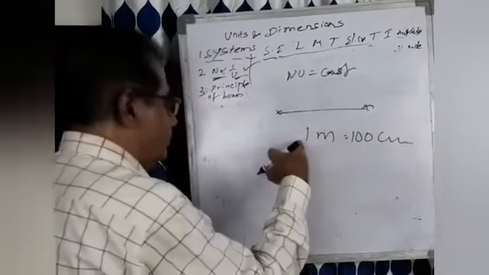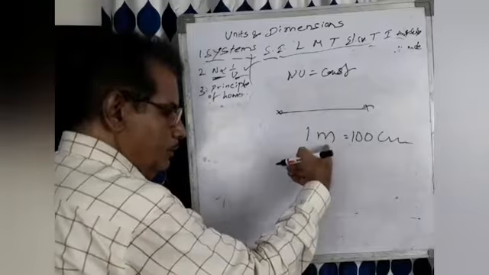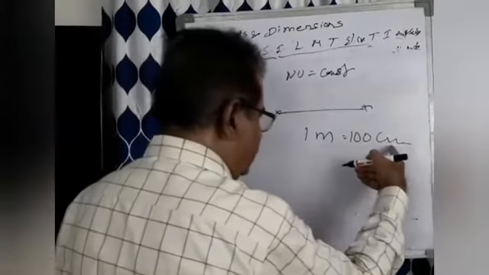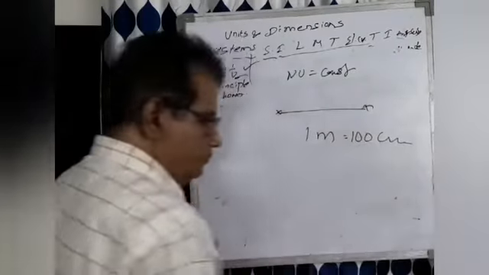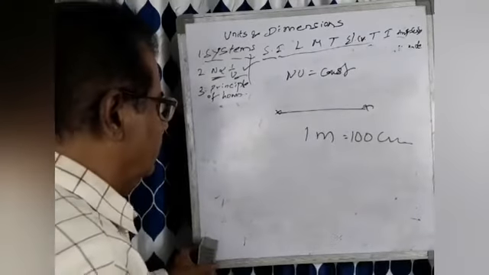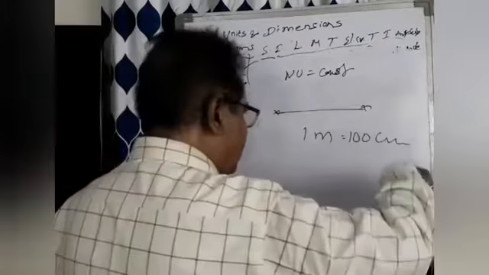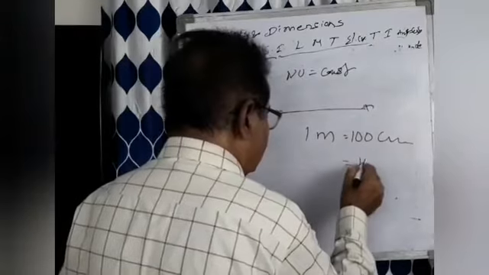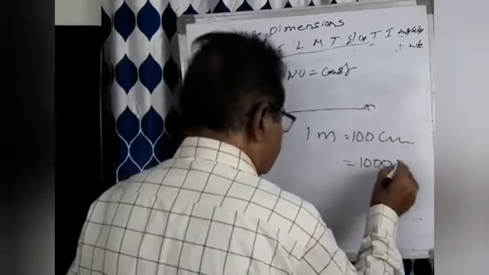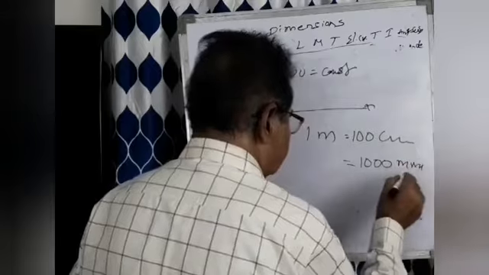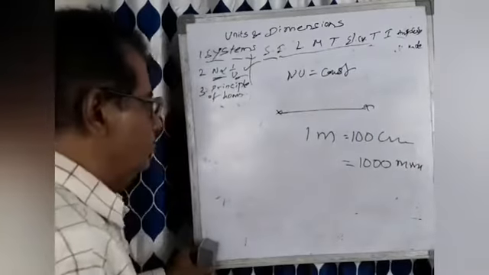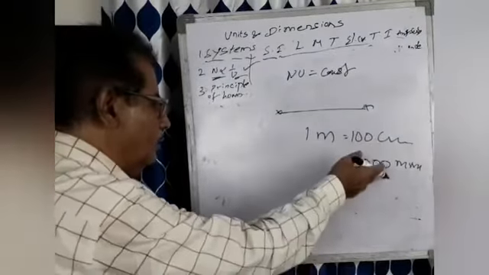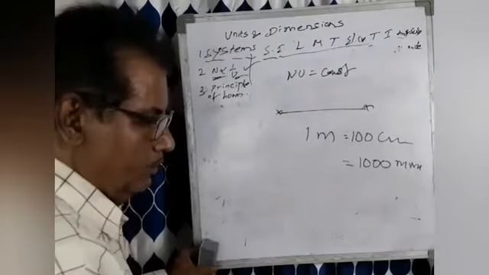Only 1 here in meters, because the unit is big. If the unit is small, the numerical value is big: 100 centimeters. If I make the unit still smaller, it becomes 1000 millimeters, since 1 centimeter is equal to 10 millimeters.